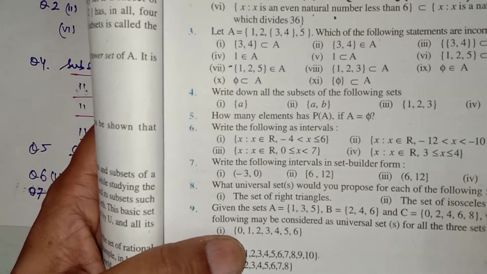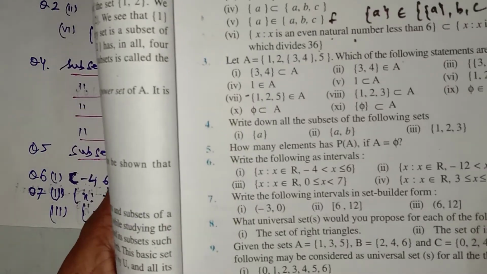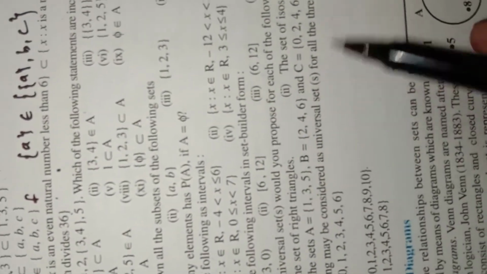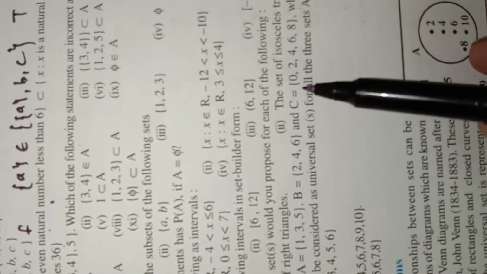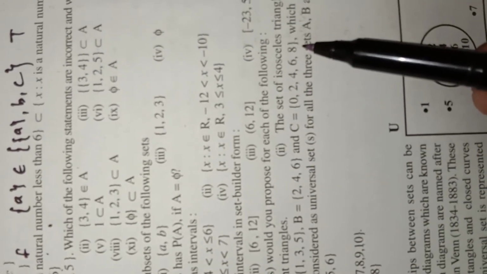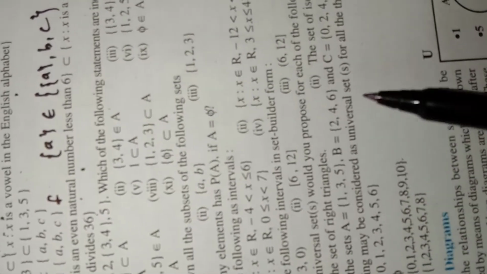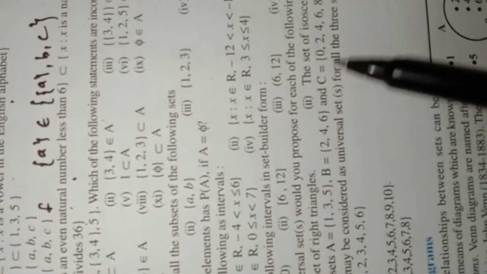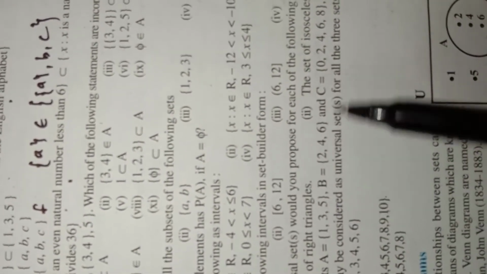In question number 9, we have three sets. Set A contains the elements 1, 3, 5, set B has 2, 4, 6, and set C has 0, 2, 4, 6, 8. You have to decide which can be the universal set for these sets.